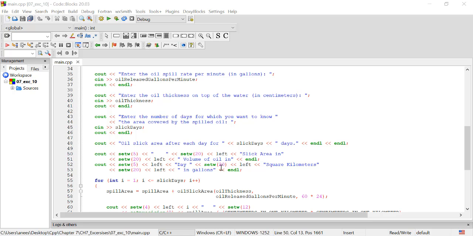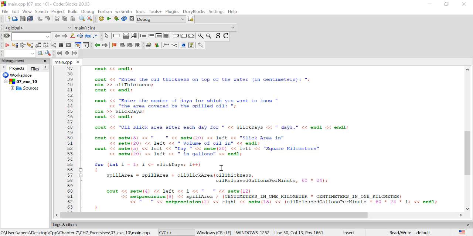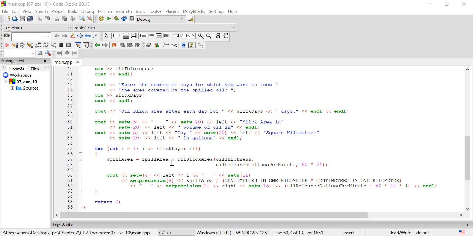Simple. And then from there, after we determine the spill area for the specified day, we print it out according to the columns and rows that we set up here.